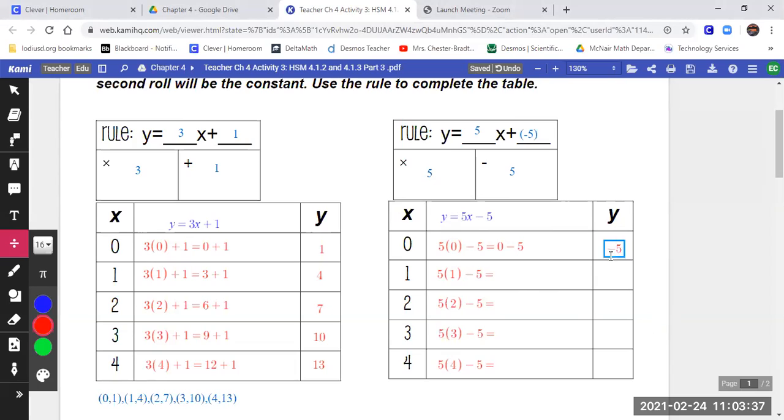Okay, so we go to the next one's work. What's that going to say? Five minus 5. And that's going to be worth what? When we get over here.